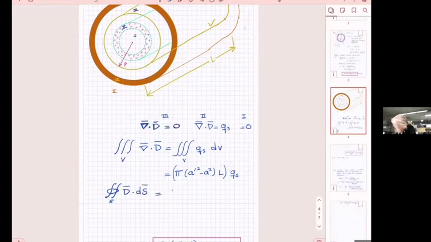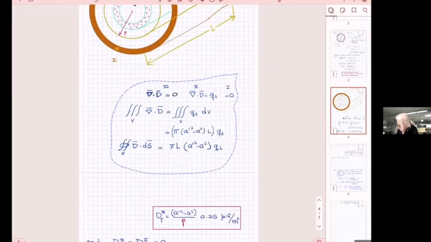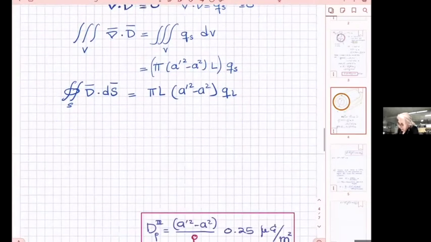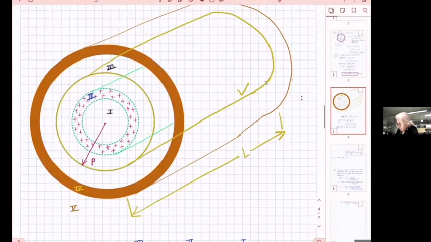And this is equal to pi L (A prime square minus A square) Q sub S. And then, all right, this area, the area that encloses the volume, as we said before, is made out of 3 surfaces: the front surface, the back surface, and the side.